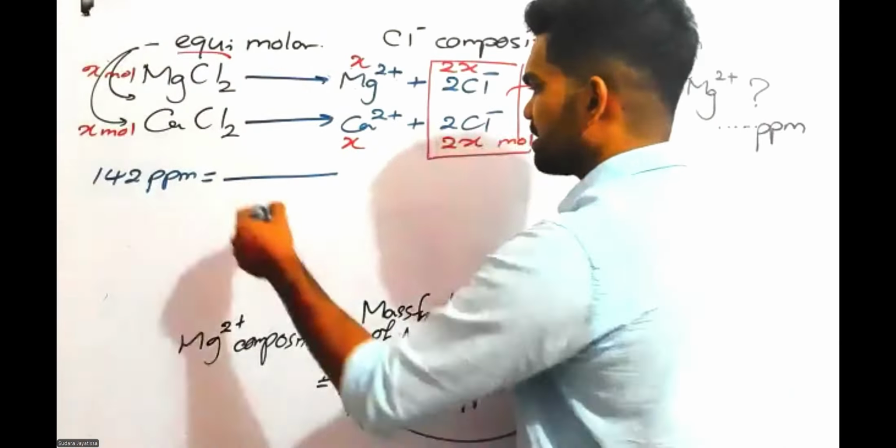So now you can find the mass of H2O by subtracting 4 grams from 103.8. So you will get 99.8 grams. Now this is the mass of water.